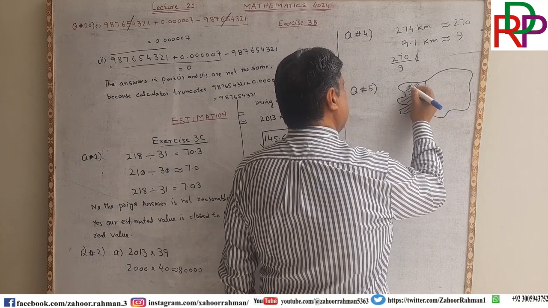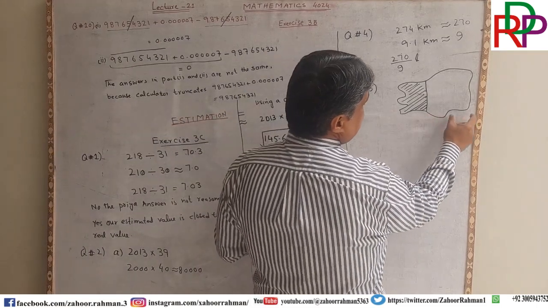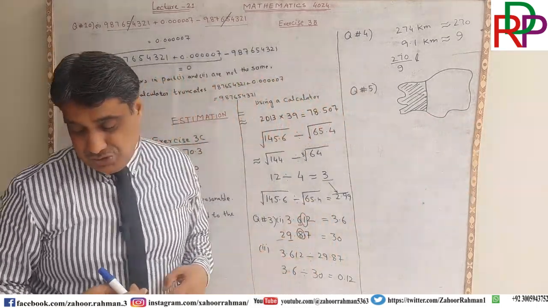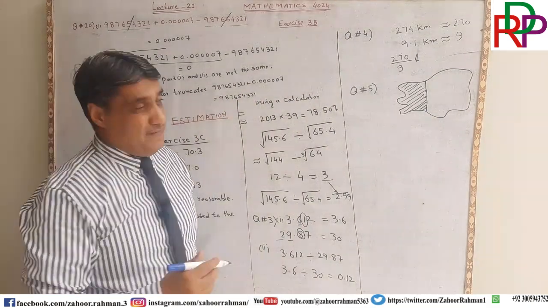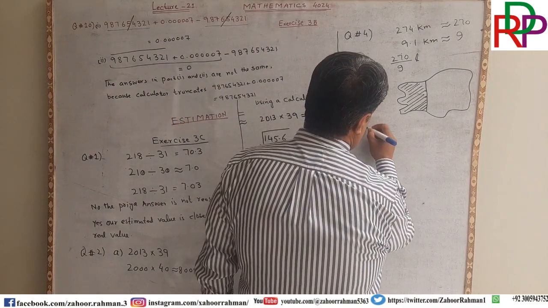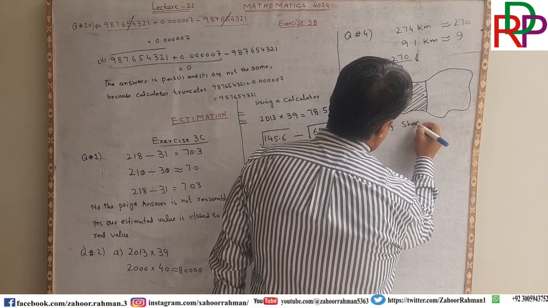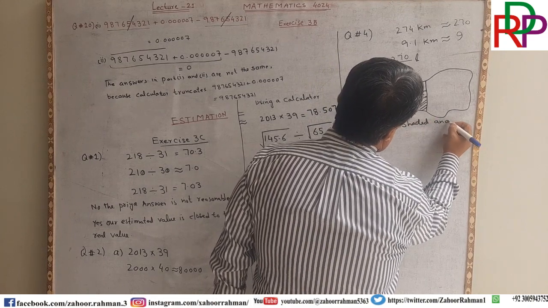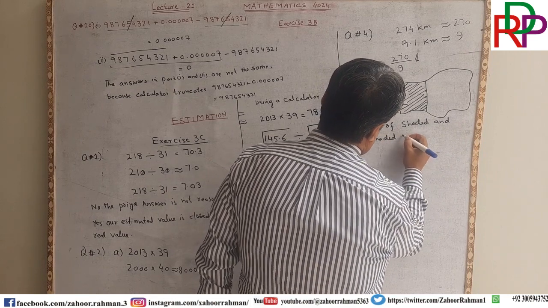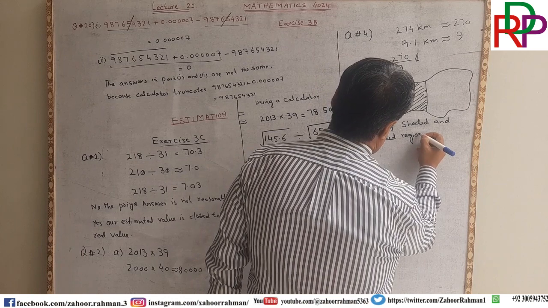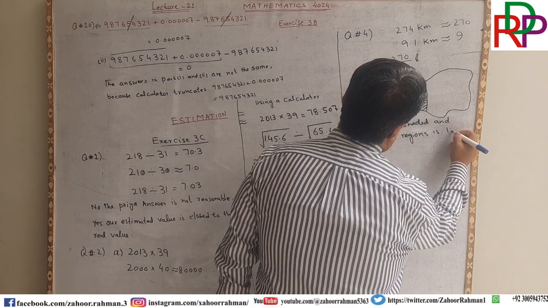So by giving a glance, this is one part and this is two parts. So we have to write that the ratio of shaded and unshaded regions is 1:2.